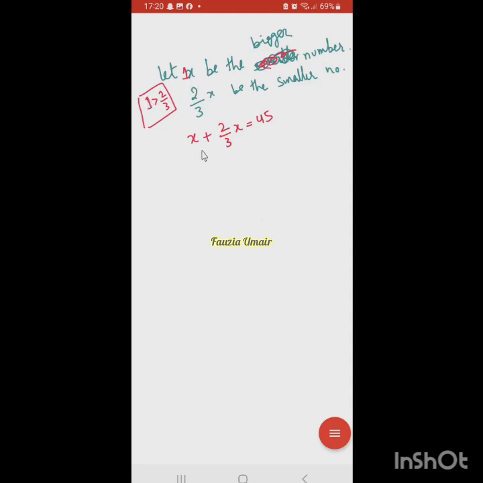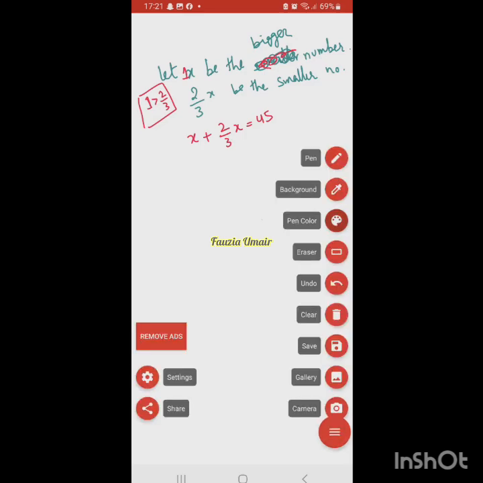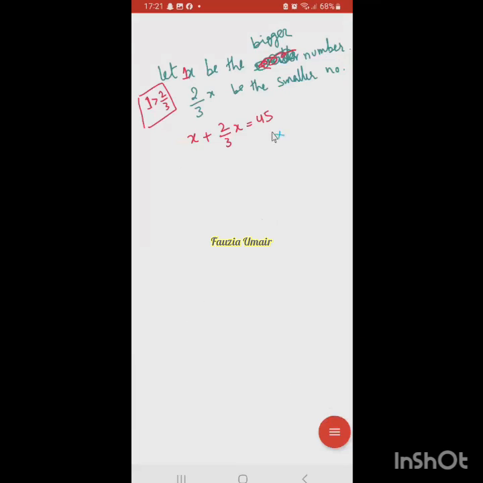Now how to solve? I told you in the first question, when there is a fraction in the equation, multiply the whole equation with the LCM. There are three terms, so each will be multiplied with 3.